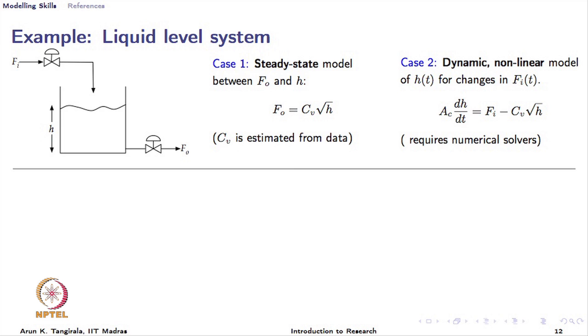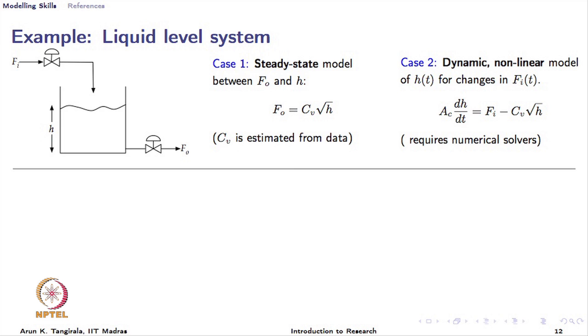For this we will have to write the material balance, that is, apply the mass balance or the law of conservation of mass, and we assume incompressible flow, and we end up with a differential equation, a first order differential equation, unfortunately non-linear in nature. So, the equation that you see here has come about by applying two things: one, the conservation law of mass, and two, the steady state model that we just developed in case 1.